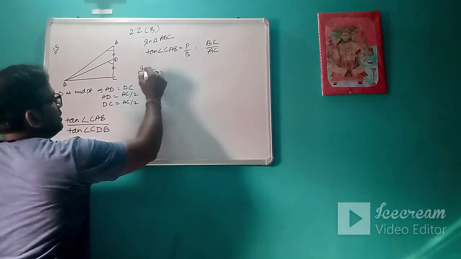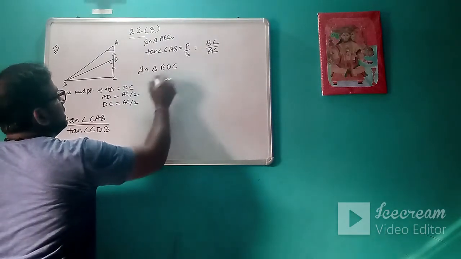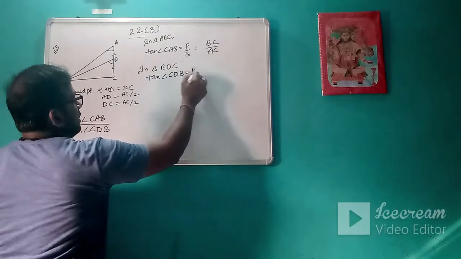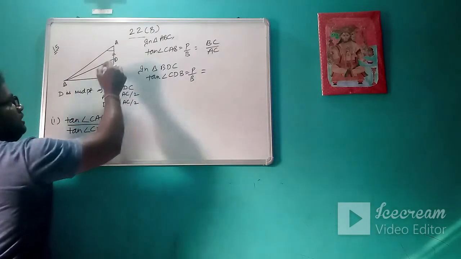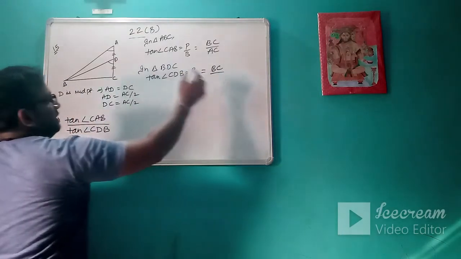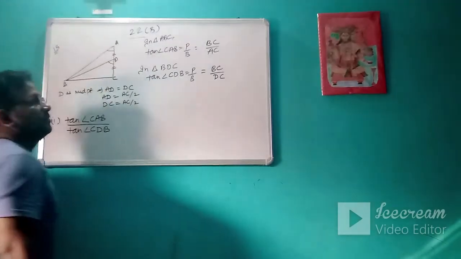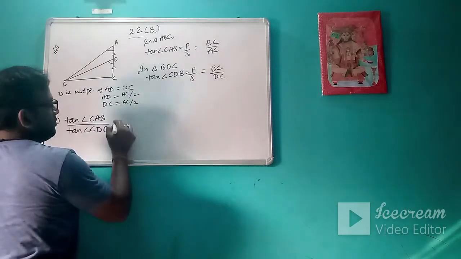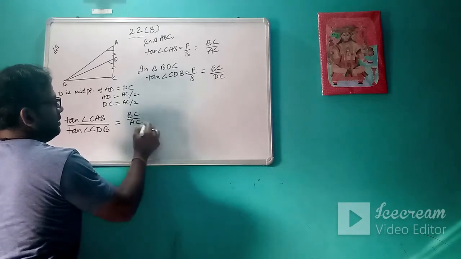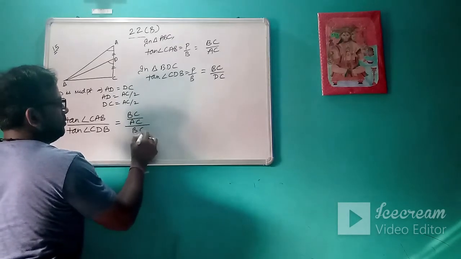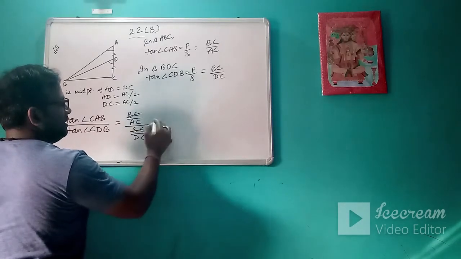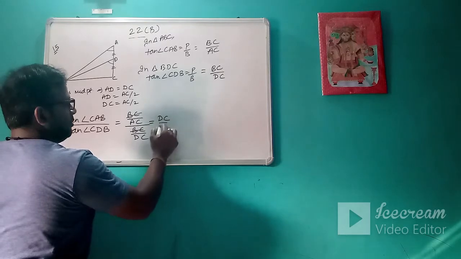Then we take the small triangle BDC and calculate tan angle CDB. Again it is P upon B. For this angle D, the perpendicular becomes BC and the base will be DC. Then put these values: BC upon AC upon BC upon DC. So BC and BC will cancel. What you will get is BC upon DC.